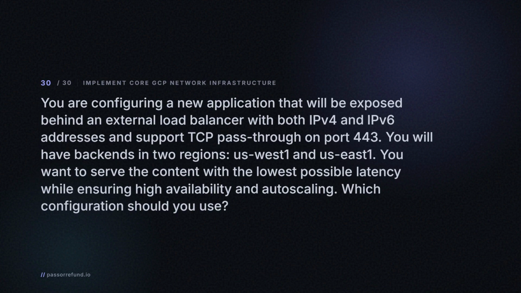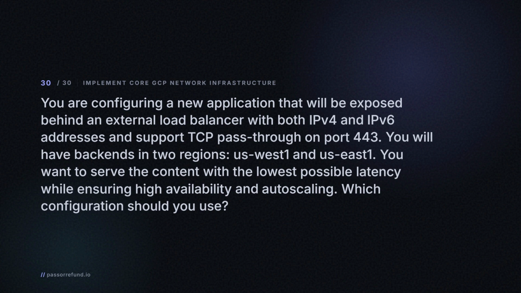So, you're setting up a new application, right? It's going to be behind an external load balancer with both IPv4 and IPv6 addresses, and it needs to support TCP pass-through on port 443. You'll have backends in 2 regions, US West 1 and US East 1. You want to deliver the content with the lowest possible latency, all while making sure it's highly available and can auto-scale.